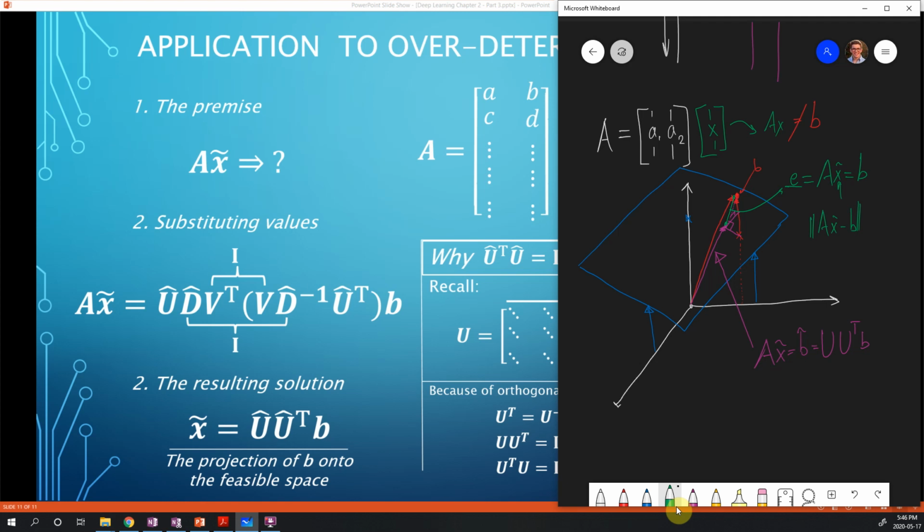So that's a visual sketch of what this is doing. We're projecting the vector, which we can't make, B, onto our space. And then we're finding the x vector, which when transformed by A is equivalent to the projection vector.